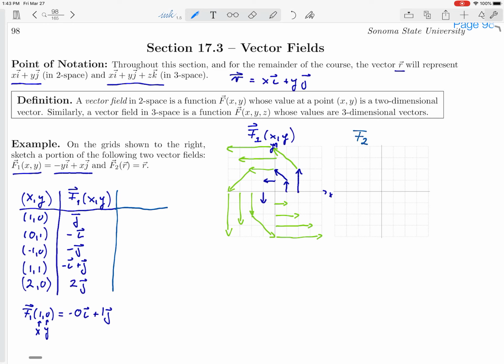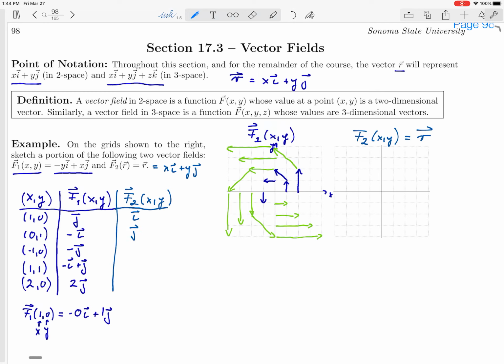So I'm going to add on to my grid. The color changed slightly, that's okay. So we're going to look at F2 of xy. And that vector field is just r. And remember, r is xi plus yj. And so we can do the same thing. When we plug in 1, 0, we're getting i.